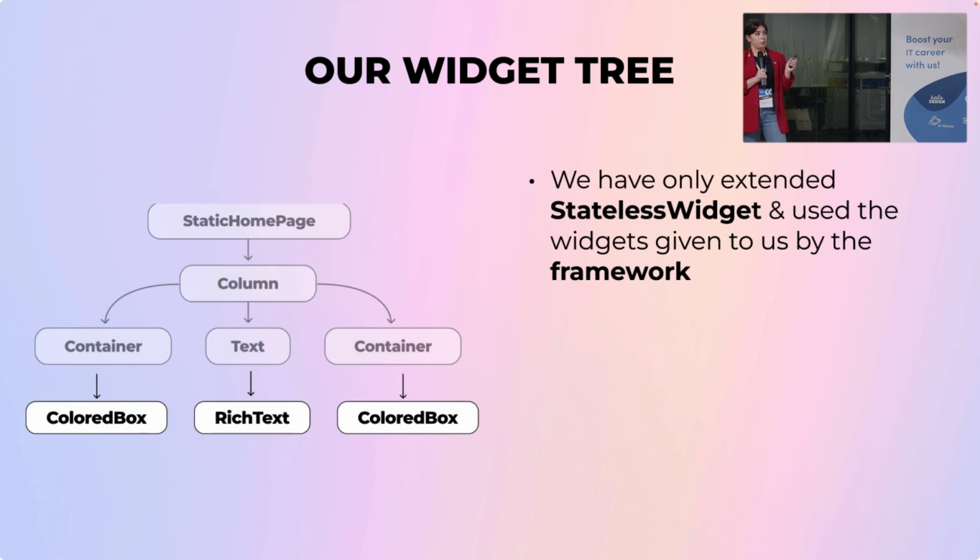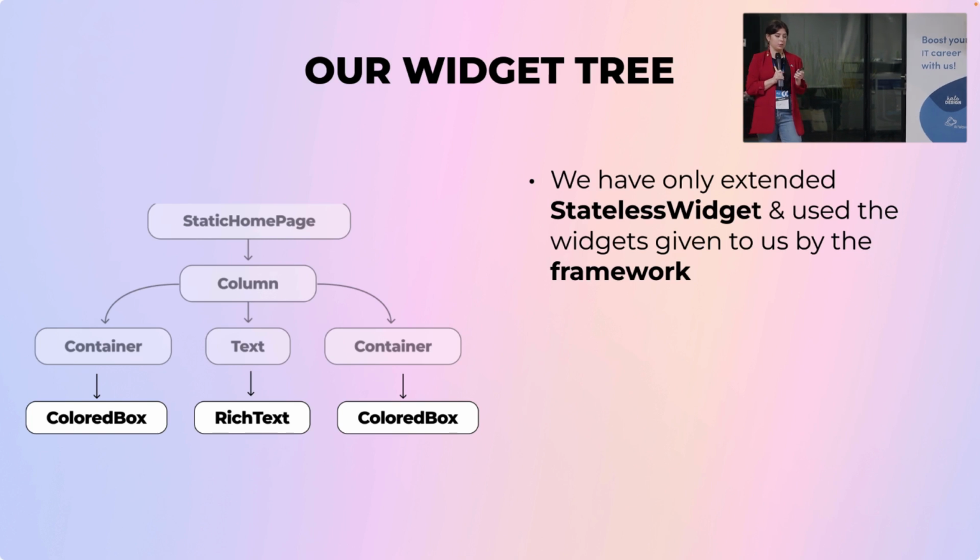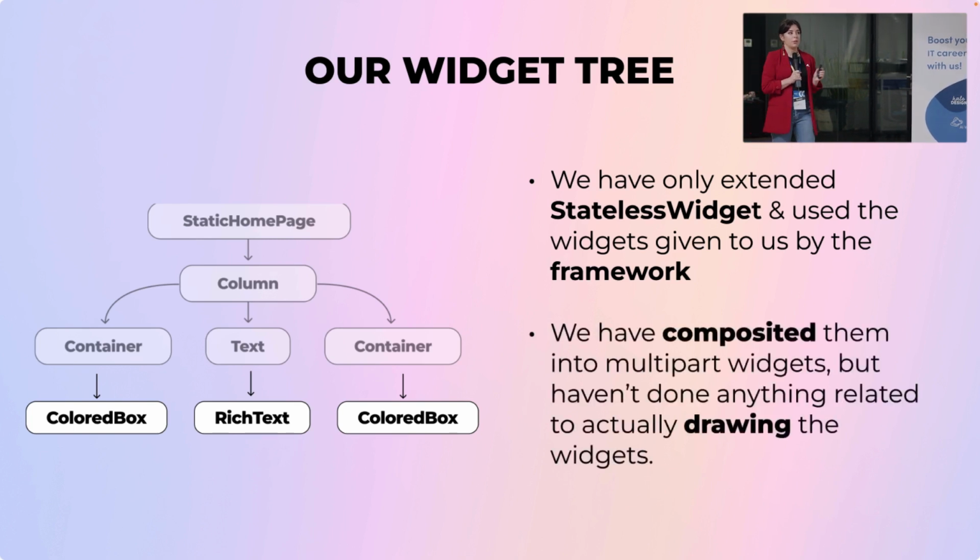So let's recap what we're trying to understand here. Up to this point, we have only extended StatelessWidget and used the widgets given to us by the framework. And we have arranged them, composed them into multi-part widgets, but haven't done anything to actually render the widgets on the screen.